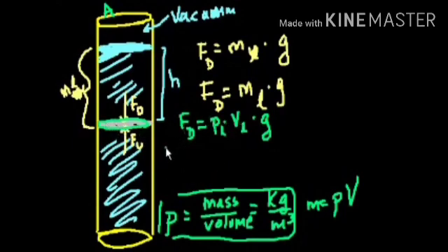So we could write that the downward force is equal to the density of the fluid times the volume of the liquid.